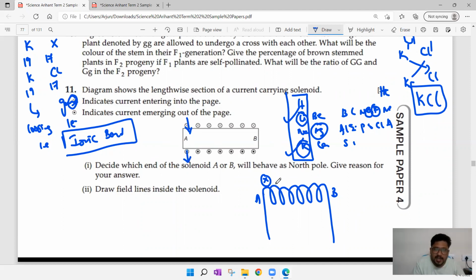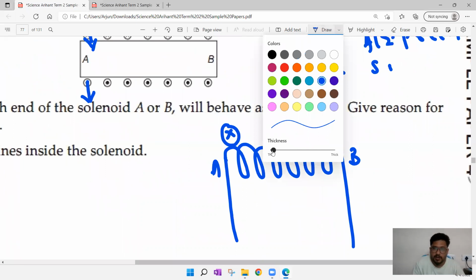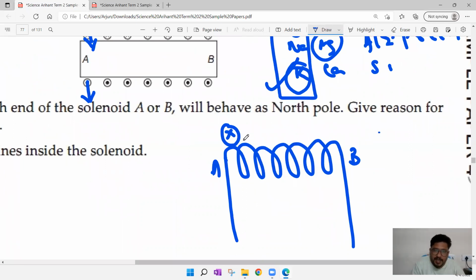You see, current is coming inside, in the sense, let me zoom and draw. Current is entering like this, isn't it? And this is showing current going out like this. So simply to say, current is coming like this and it is leaving.